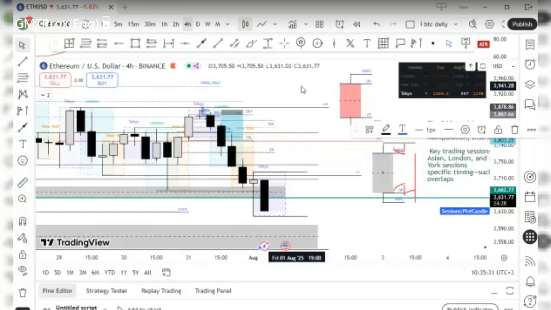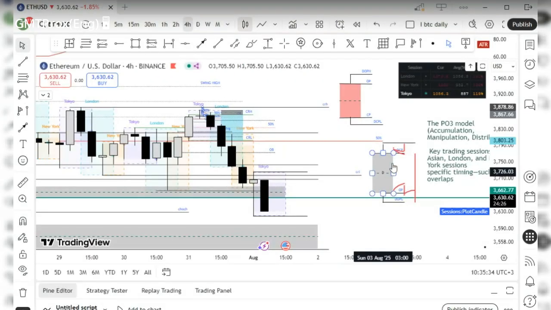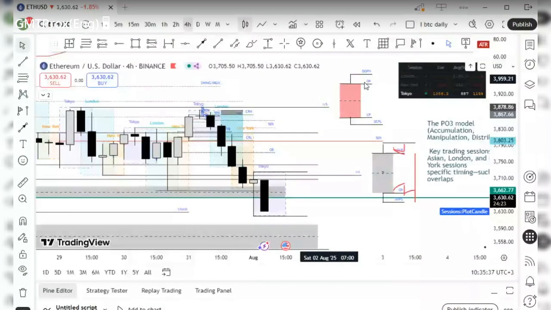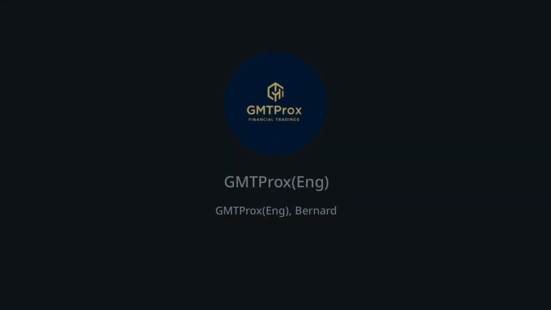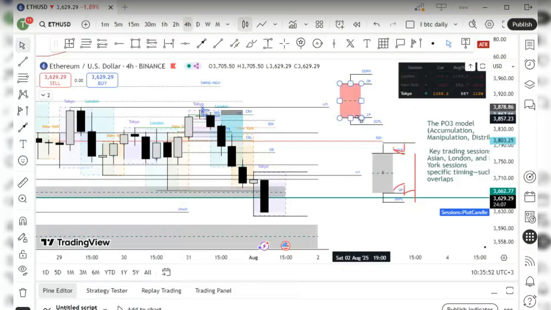Okay, so we have now seen a bearish independent candlestick and a bullish independent candlestick. We have the highs and the lows for bearish, and the lows and the highs for bullish.